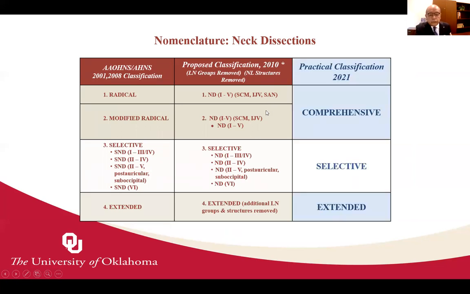What I would like to use today is what I call a practical classification that divides the neck dissections into comprehensive, selective, and extended. But we will use the designations recommended in these classifications, i.e. the lymph node groups that are removed and the structures that are removed.